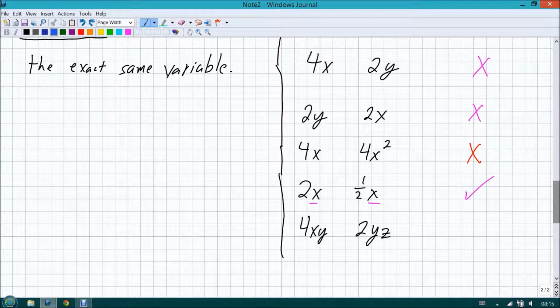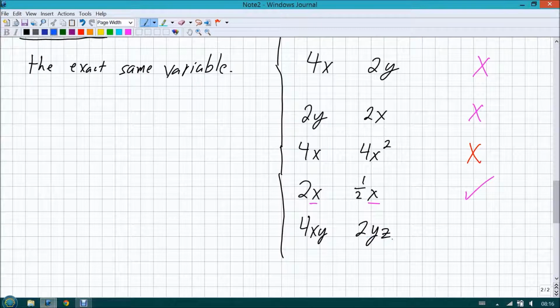The reason being is that we have an x and we have a z, and x and z are not the same thing. So the variable in this case is not just one letter, but two. It's the x and the y put together, just like this one's variable is the y and the z put together.